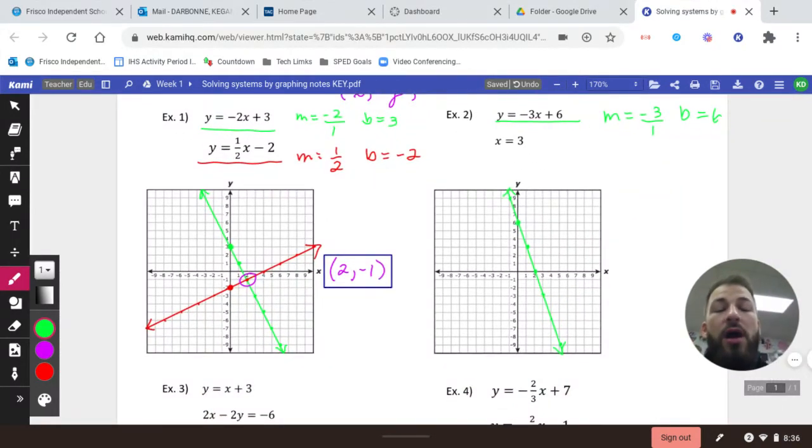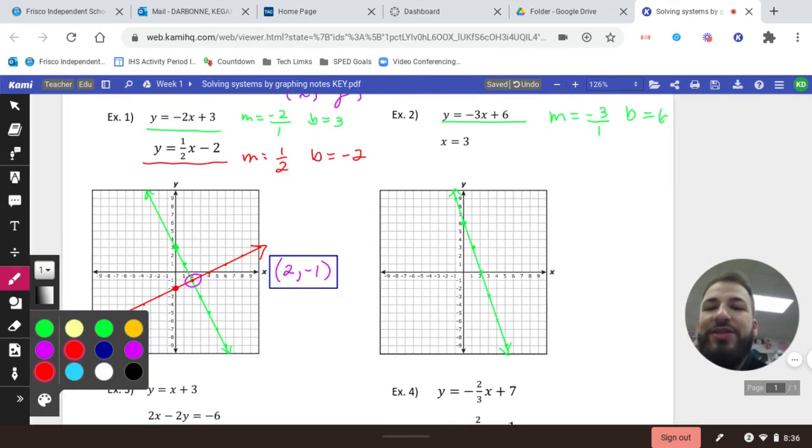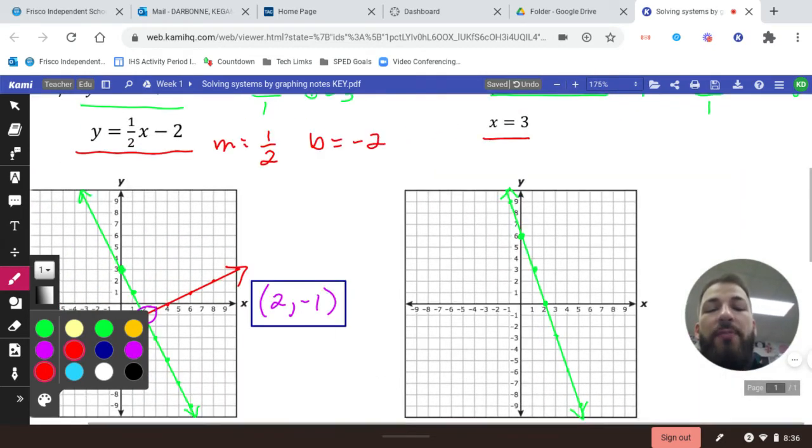Okay, our second line is x is equal to 3. So that doesn't look like slope-intercept form, but it's actually a much simpler line. If you remember, anytime we have y equals or x equals, it's a horizontal or vertical line. X equals 3. Well, that means it has to go through the x point 3. So for me to draw a straight line through the x value of 3, it has to be a vertical line. So I put a point here at 3.